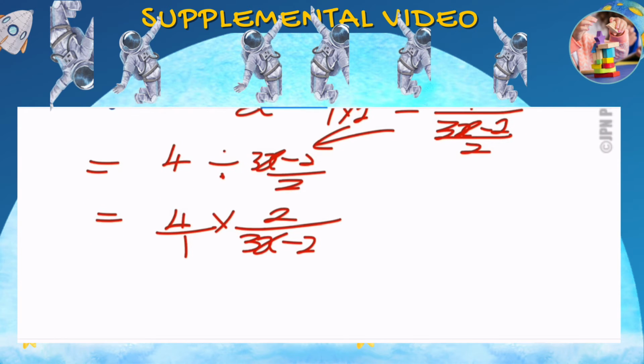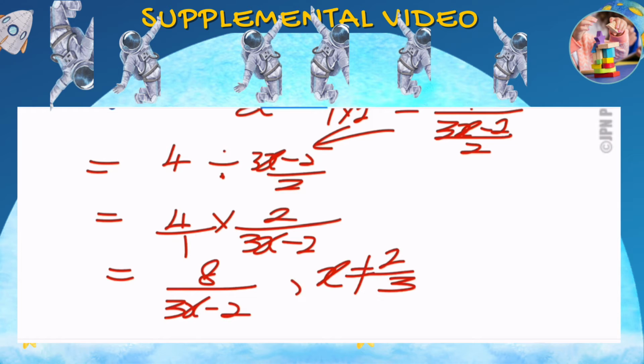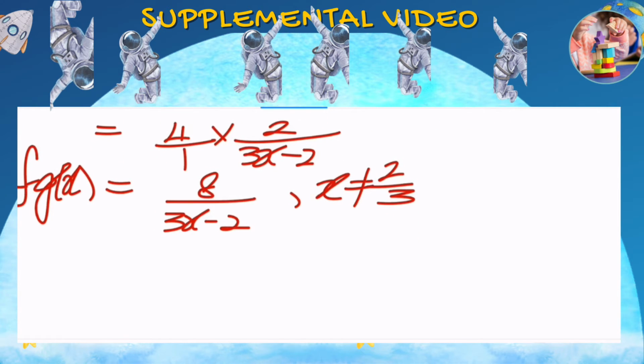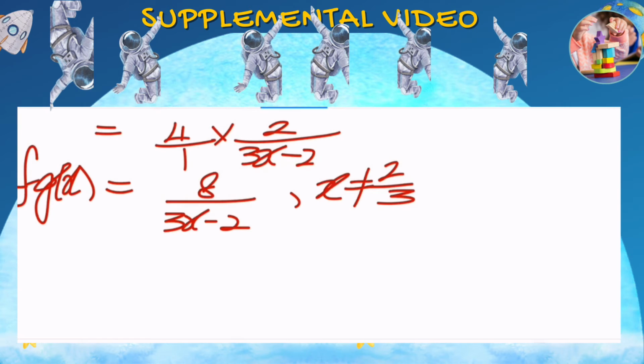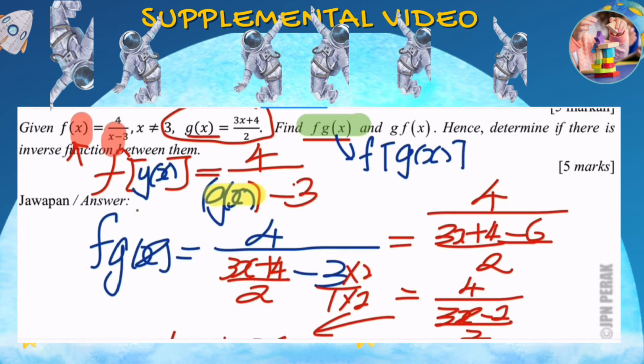Then we simplify to the simplest form, 8 over 3x minus 2. And the condition is x cannot be equal to 2/3. Why? Because if you let the denominator equal to 0, your x is 2 over 3, right? The function will be undefined when the denominator equals 0, so we must write the condition so that the function is valid.